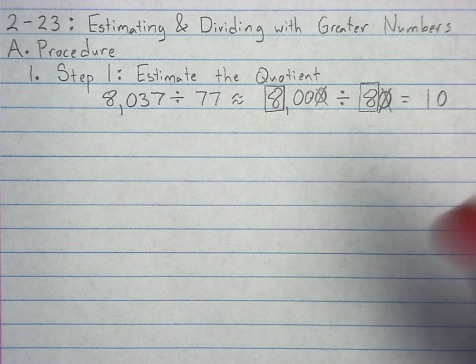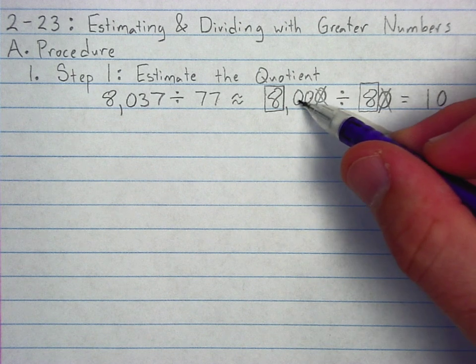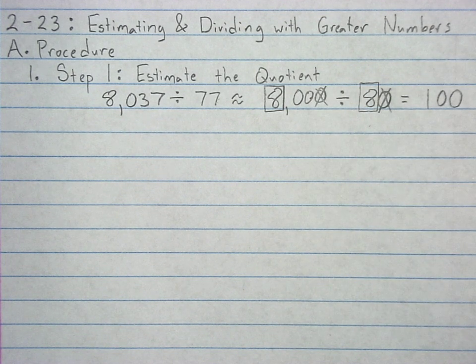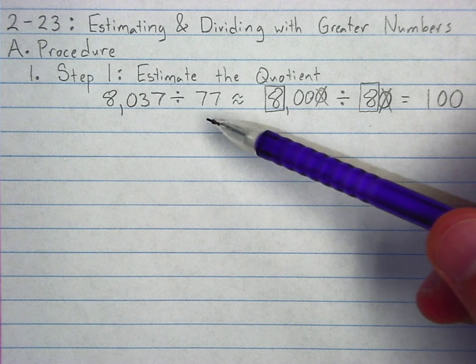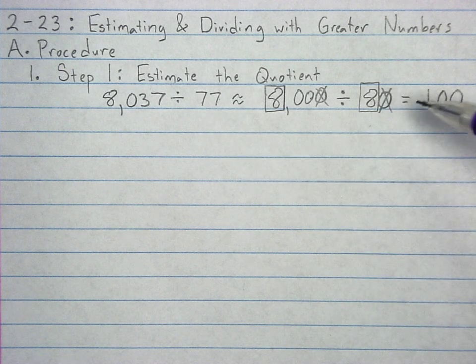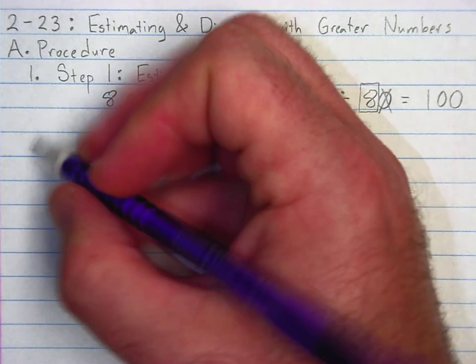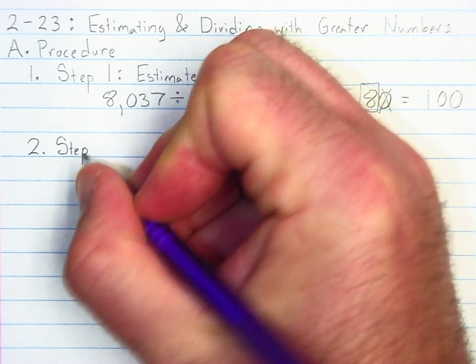They're not the same. I know, it seems silly, but I can't pair them up. I just have to slide them over here. And I get an estimate of about 100. So, when I do my division, 8,037 divided by 77, my answer should be fairly close to 100. Okay. Like I always say, it's never going to be exactly 100, but it should be close.